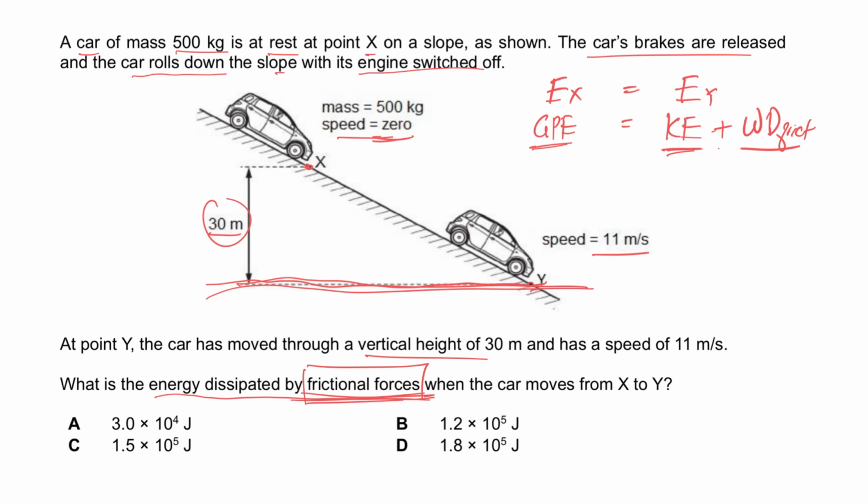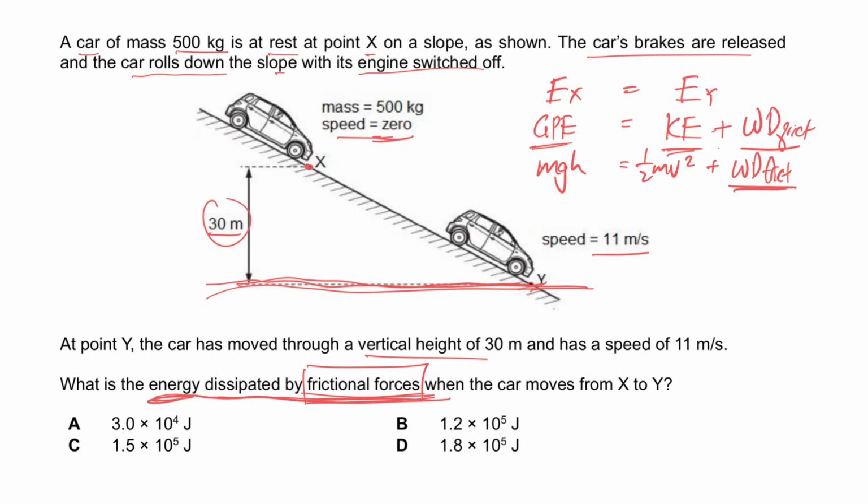If you understand that, you just need to plug in the formulas. So this is mgh, and this will be your half mv squared plus work done against friction. Now this question is easier because they just want the energy dissipated by the friction, which is what you want to find.